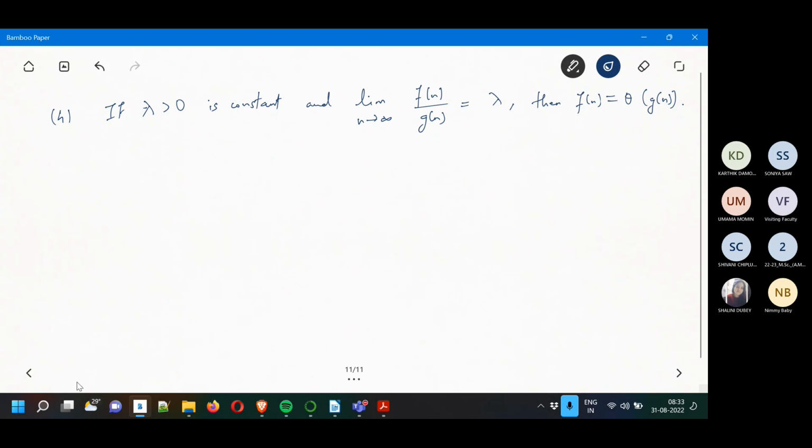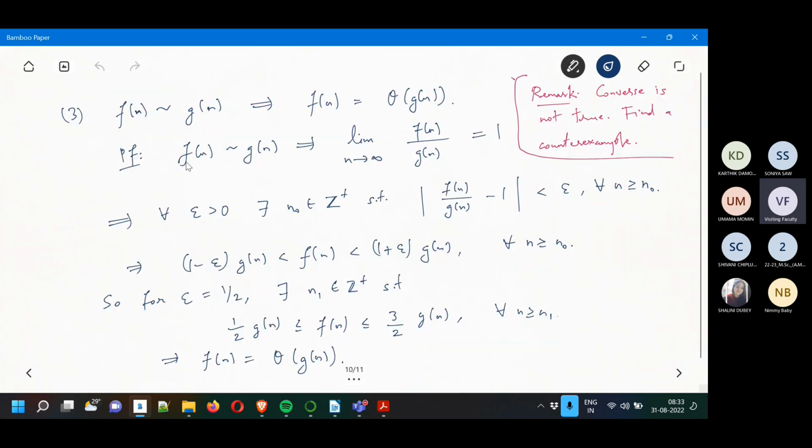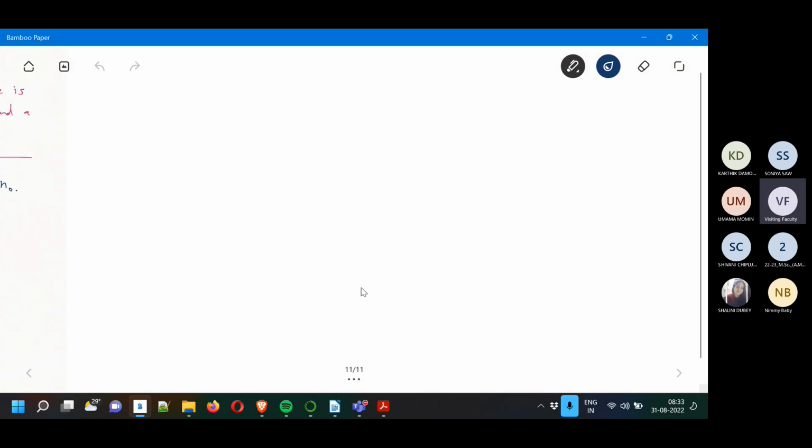Okay. Now this I leave to you as an exercise. Exactly the same proof that we have done here. Instead of 1, you have to work with lambda. So you'll get lambda minus epsilon, lambda plus epsilon. You just have to choose epsilon so that lambda minus epsilon is positive, and then you'll get the same thing. Okay, same proof.